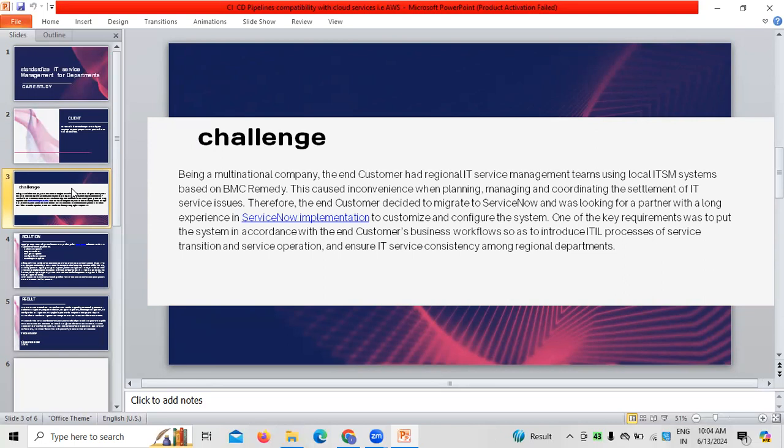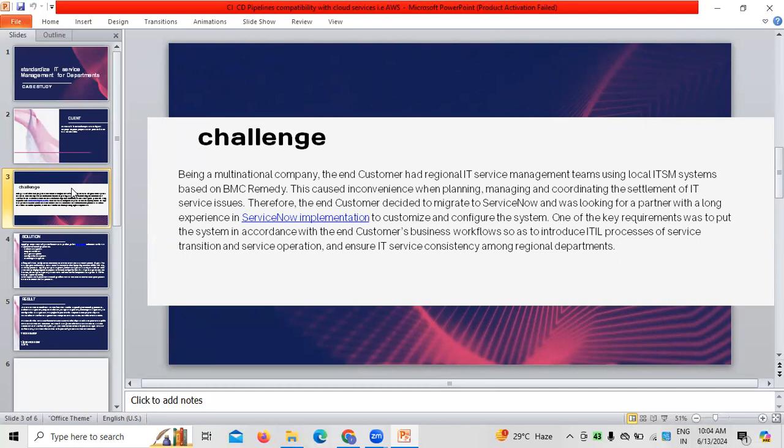This majorly causes some inconvenience when they are planning, managing and coordinating the IT service issues. Hence, the kind of problem the customer is facing in this regard is that the customer wants to migrate their services to ServiceNow, so that according to their business rules they want someone to customize and configure the system.